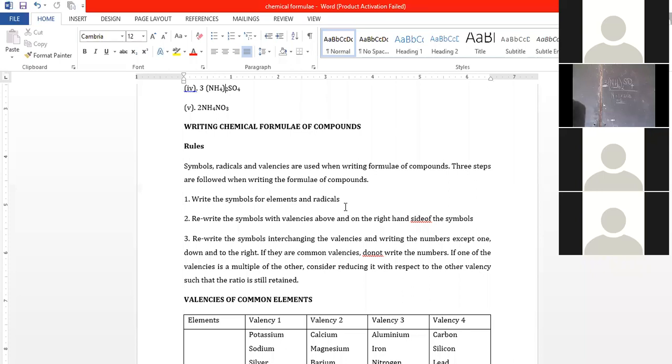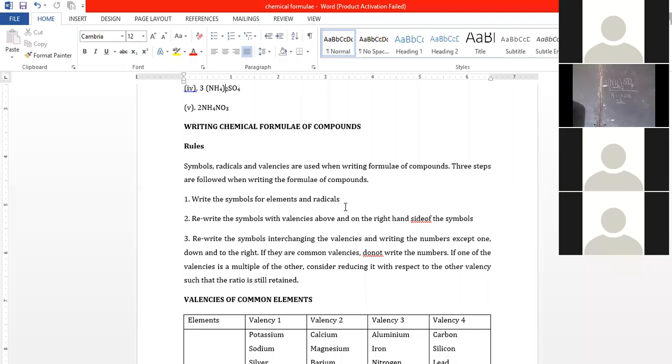We write the symbols interchanging the valences and writing the numbers except 1 down and to the right. If there are common valences, do not write the numbers. If one of the valences is a multiple of the other, consider reducing it with respect to the other valences such that the ratio is still retained.